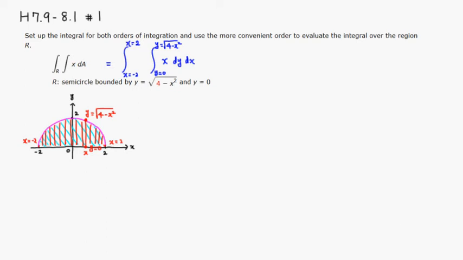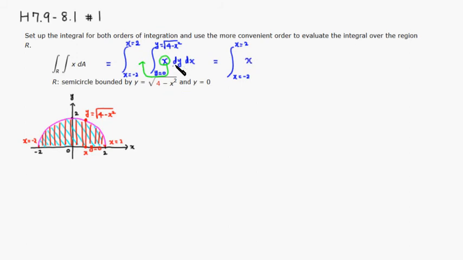Doing the inside integral, since this is with respect to y, we can kick the x, since it's a constant, outside the integral. So this is going to be the integral from x equals negative 2 to x equals 2, then you have an x.